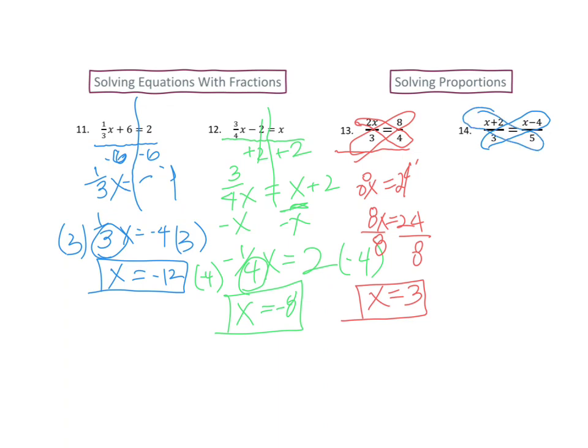So it would be 5 times x plus 2, and it equals 3 times x minus 4. And if you recall, I have to distribute the 5 to the x and the 5 to the 2, and then on the other side of the equal sign, I have the 3 to the x and the 3 to the negative 4.